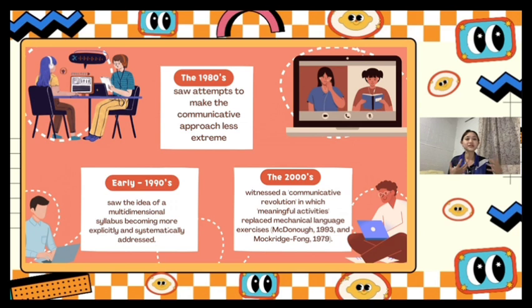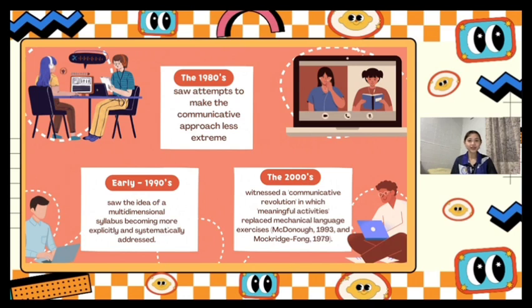So to balance this, the 1980s approach integrated communicative activities with explicit teaching of linguistic rules, ensuring learners both fluency and accuracy in the language. So examples of the reaction against the strong version of the communicative approach were the criticism of the new methodology that was attempting to replace the structural approach.